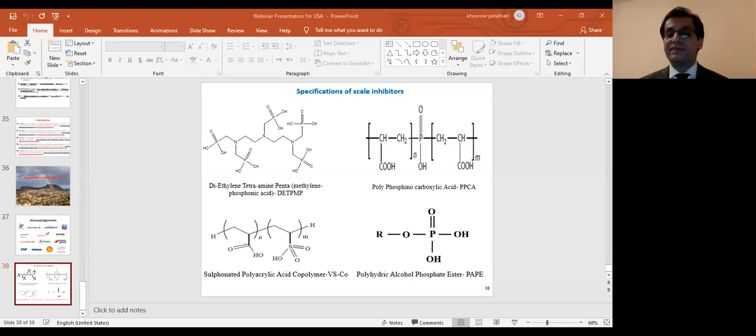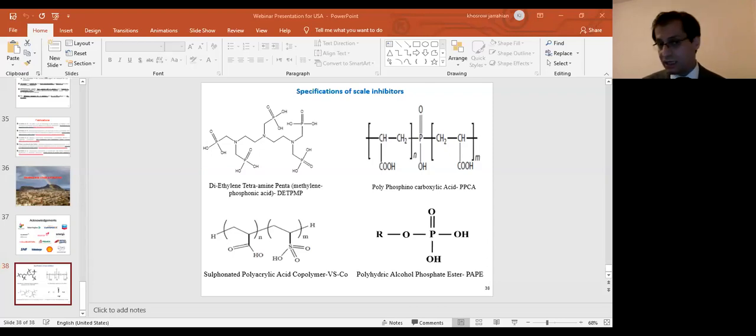But this is a big challenge, as I mentioned before, particularly for chemists, to develop a green chemistry which can have good retention and good thermal stability at the same time.